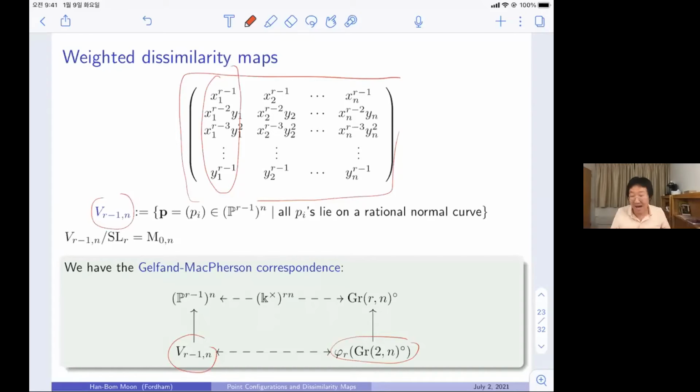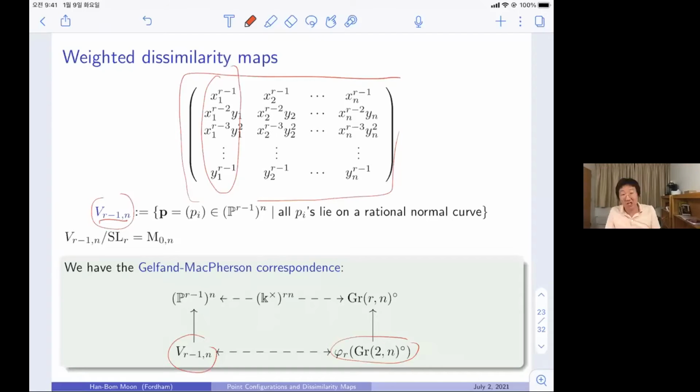Their dimensions are different, but there is a systematic way to make a correspondence between them. I will come back to this topic very soon. But on the other hand, this V_{r-1}^n is, by Castelnuovo's theorem, when n is sufficiently large compared to r-1, an SL_r invariant variety.